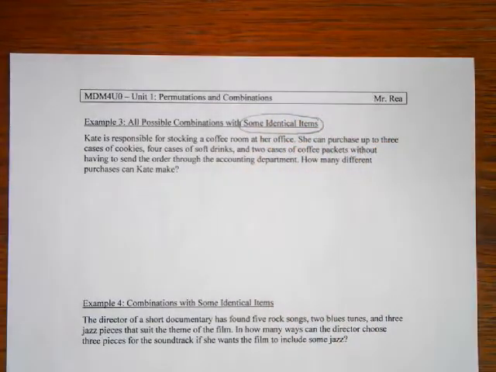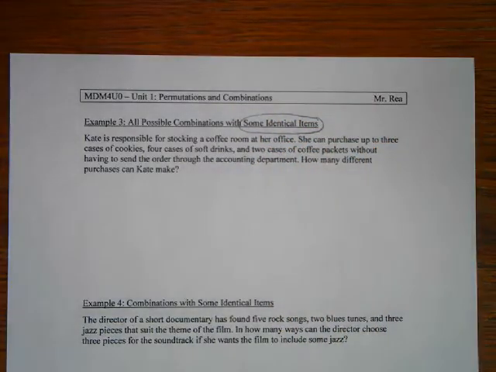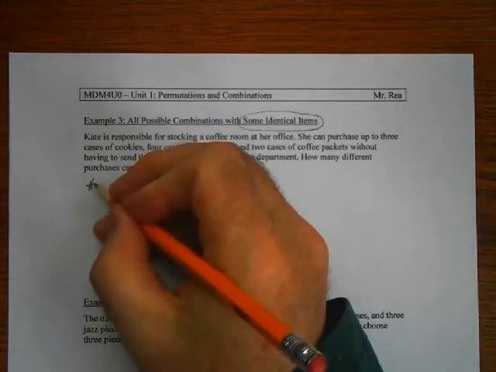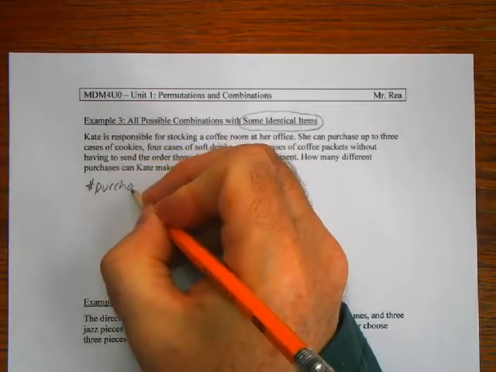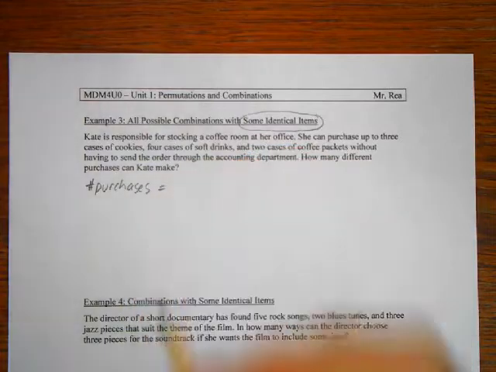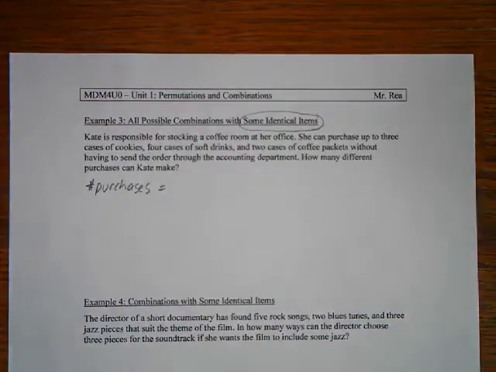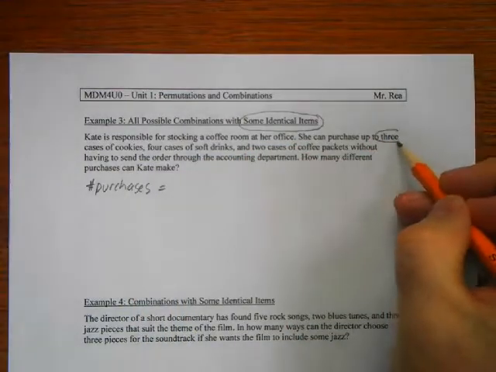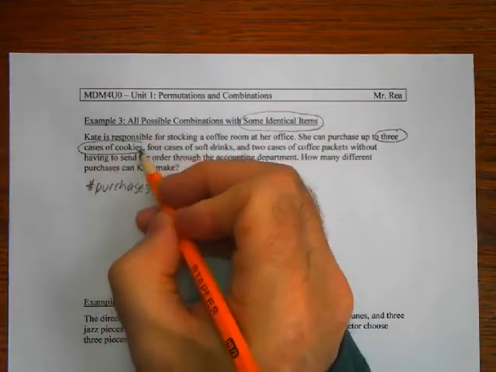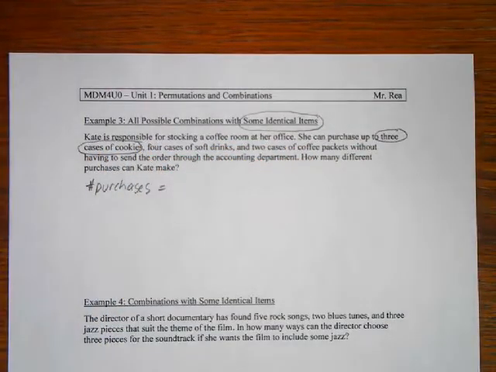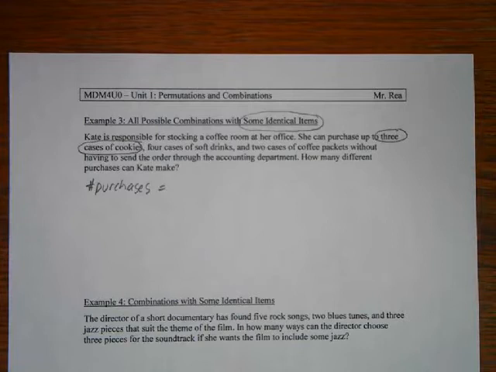Okay, so if I'm looking at the total number of purchases that could be made, if I start with the cases of cookies, we could have up to 3 cases of cookies. So how many cases could we put on the purchase order? We could put 3, we could put 2, we could put 1, or we could put 0.